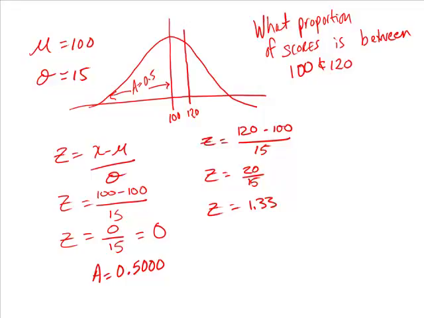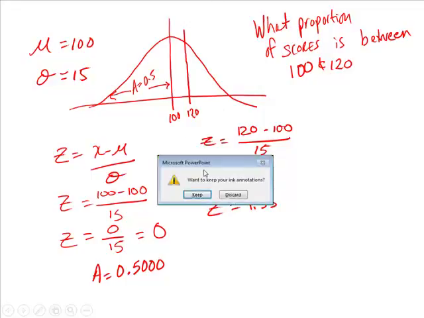Go ahead, get your phones out, check my math. Pretty sure it's right. Smart. Wrote it down. Okay. So now what do? I got a z-score of 1.33. What's next? Use the chart to find that area. Yes.